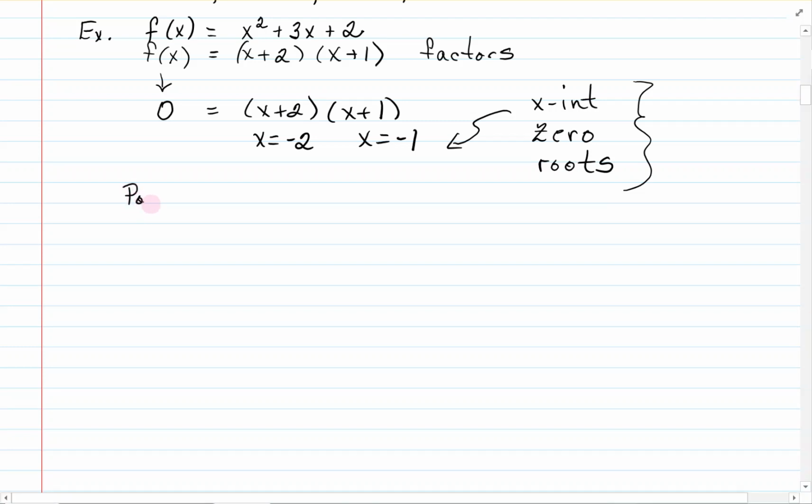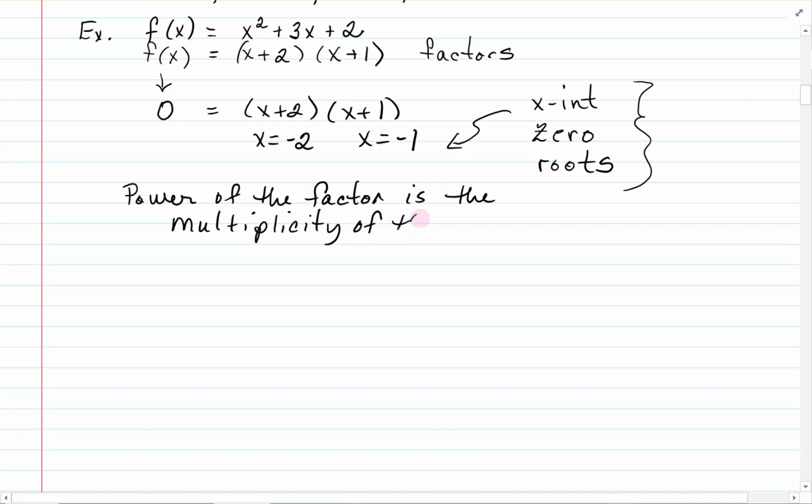The power of the factor is the multiplicity, and that may be a new word, of the zero. Now I'm going to try to explain this through an example.